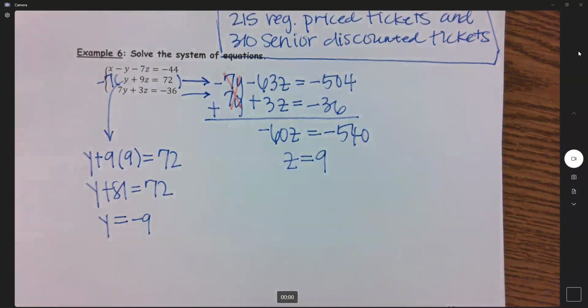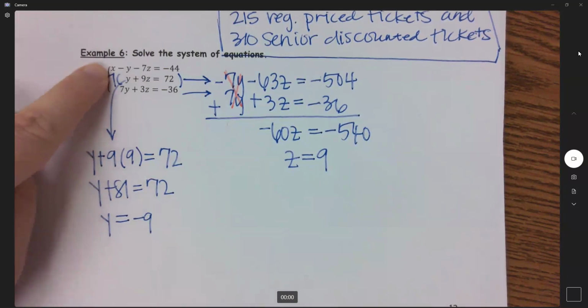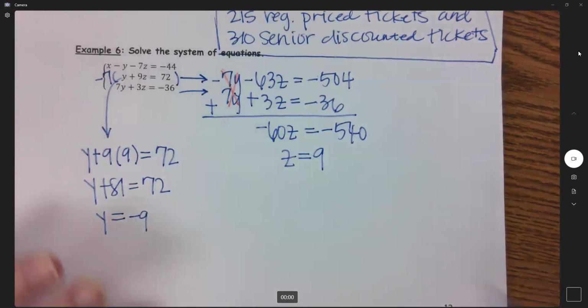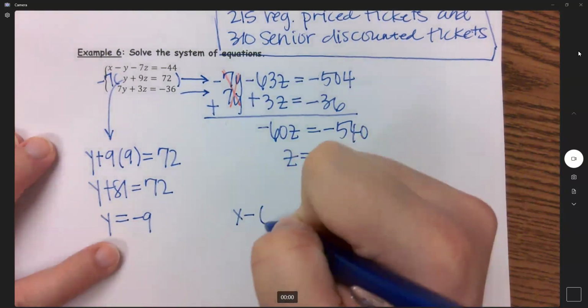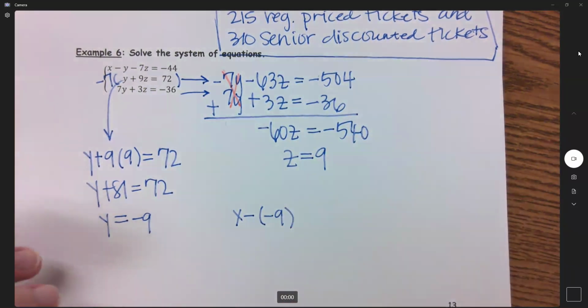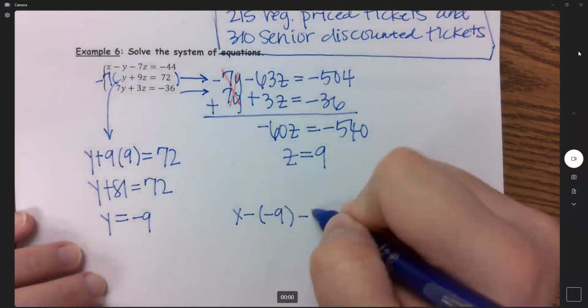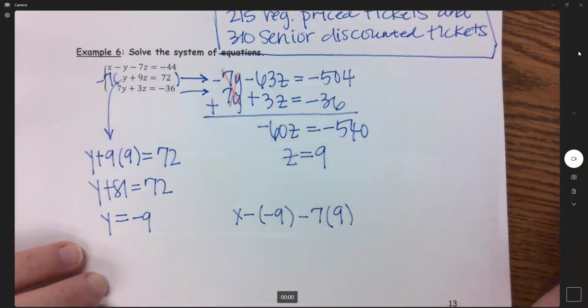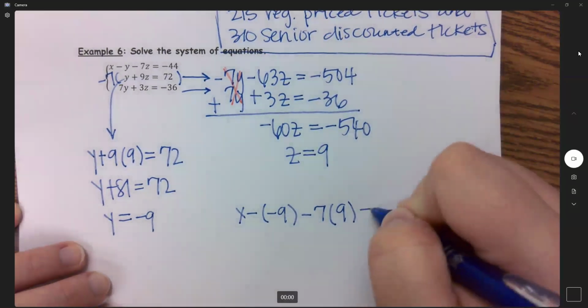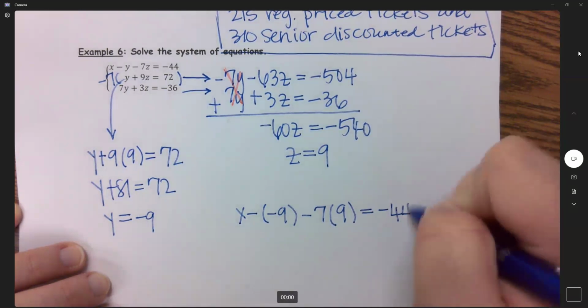Now before, this was the end of what we needed to do, but now because I have a third unknown, now I just have simply one extra step of substituting this in and solving for X. So now this top equation is X minus -9 minus 7 times Z, which is 9. And that equals -44.